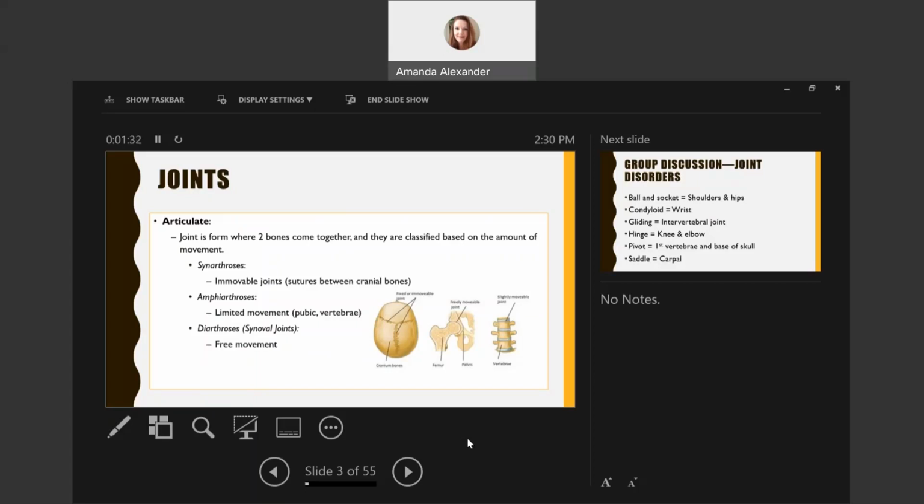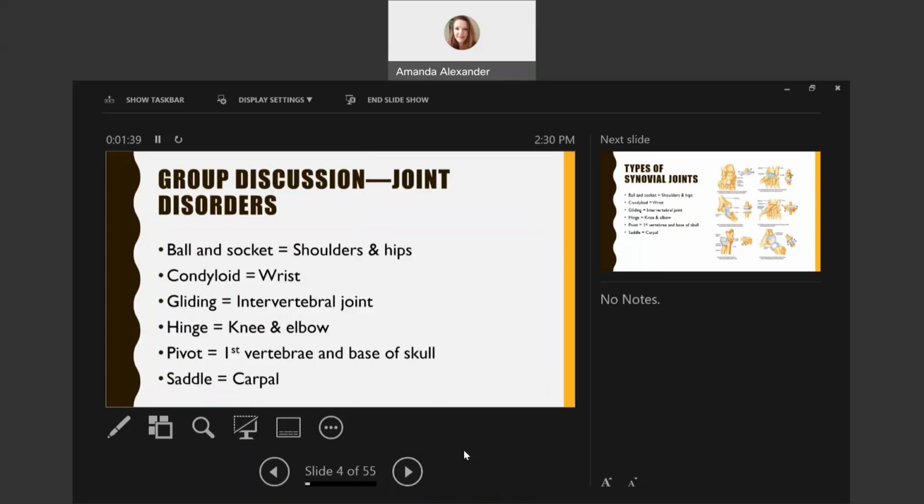And diarthrosis are synovial joints. These are freely movable joints. Joint disorders in the ball and socket, condyloid, gliding, hinge, and pivot, or saddle can be a result of trauma, illness, and injury.